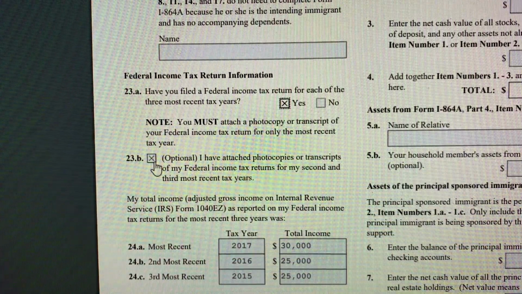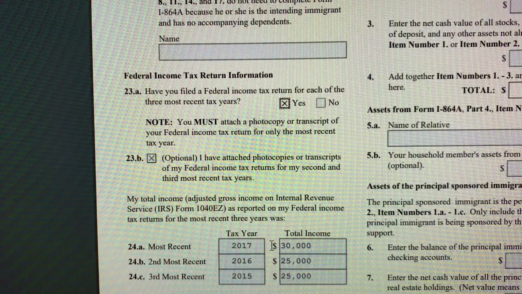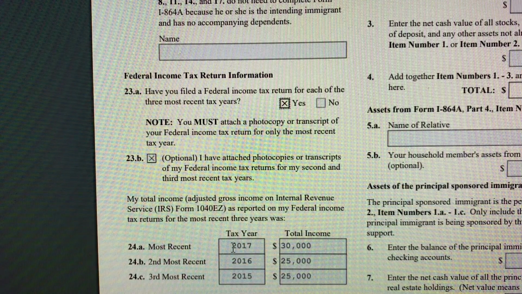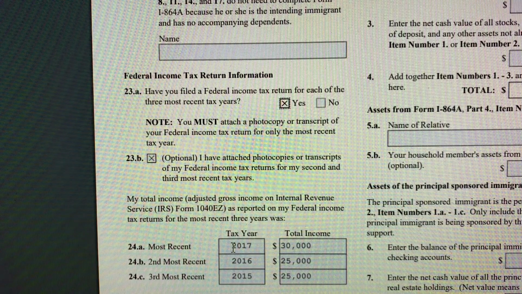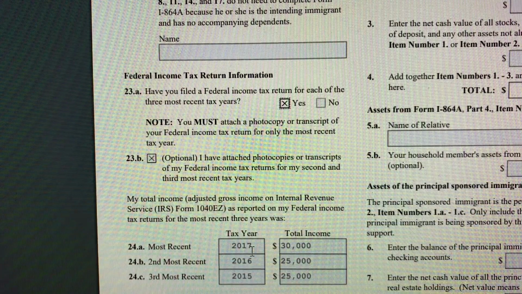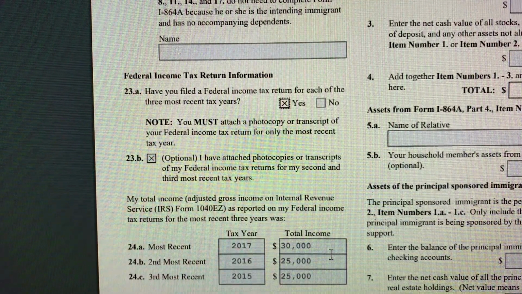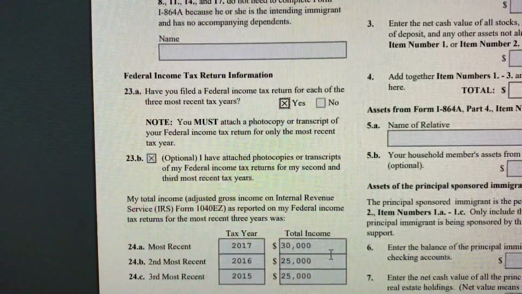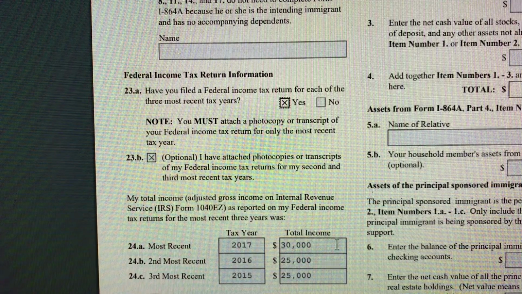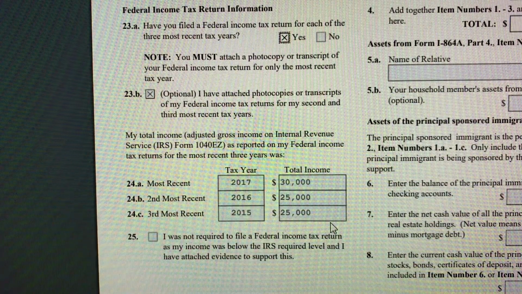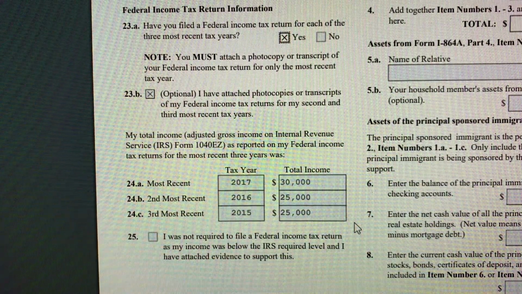So last filing year, 2017, you need to provide your tax information. That's a must, but it's optional if you want to provide for your second and third, because contrary to everyone, USCIS doesn't have any financial record, so you need to provide it for them.